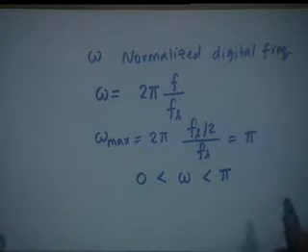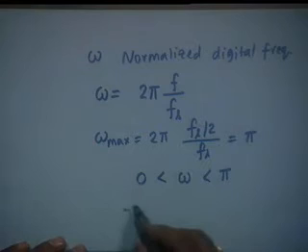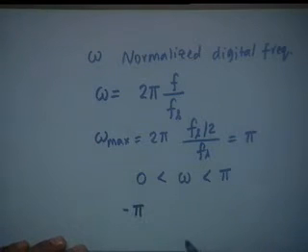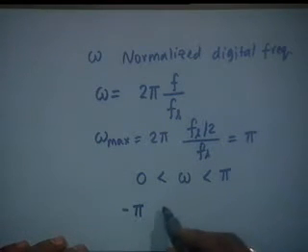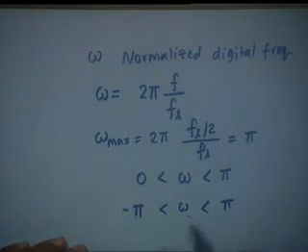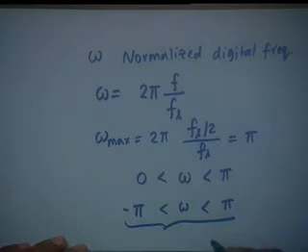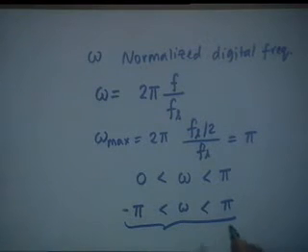For a real signal, whatever positive frequency is there, there must exist a negative frequency also, and therefore the actual range of omega is minus pi to plus pi. This is called the base band, or the band of vision, the band where you have to focus your attention.